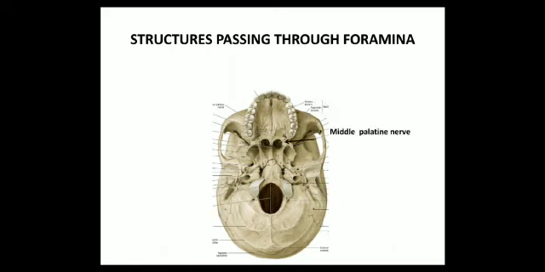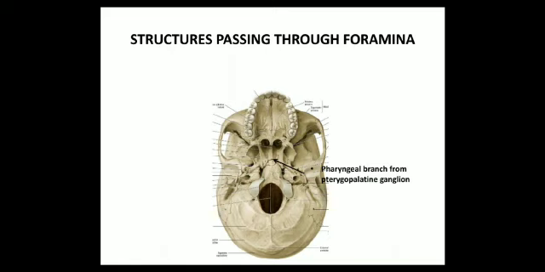Through the lesser palatine foramina, the middle palatine nerve and the posterior palatine nerves pass. The palatovaginal canal transmits the pharyngeal branch of pterygopalatine ganglion and the small pharyngeal branch of maxillary artery.